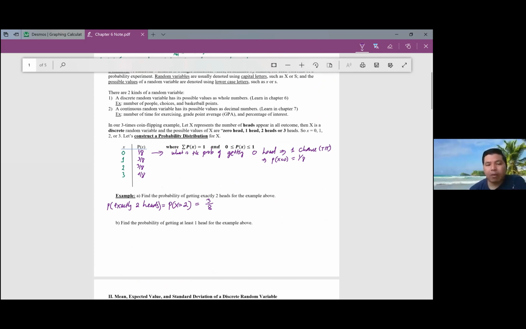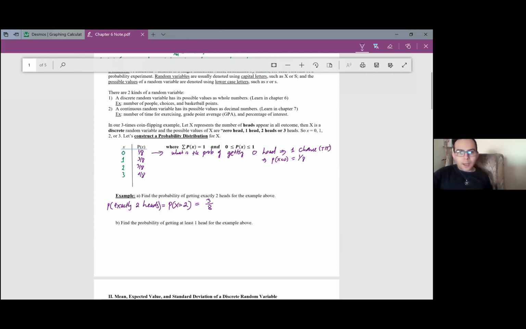And for B, find the probability of getting at least 1 head for the example above, right? What does at least 1 head mean? Anyone? 7 out of 8. All right, Grayson, would you mind explaining that?